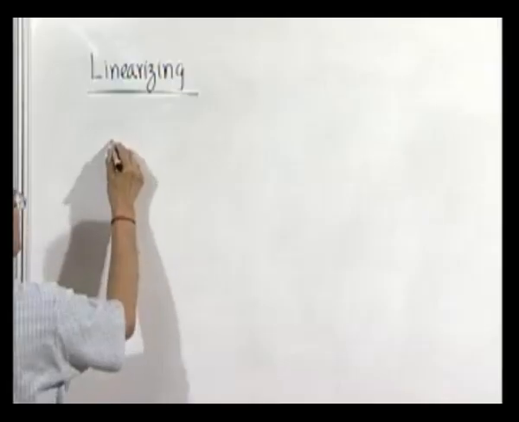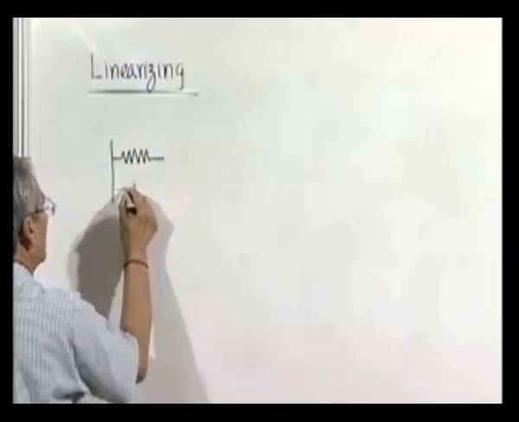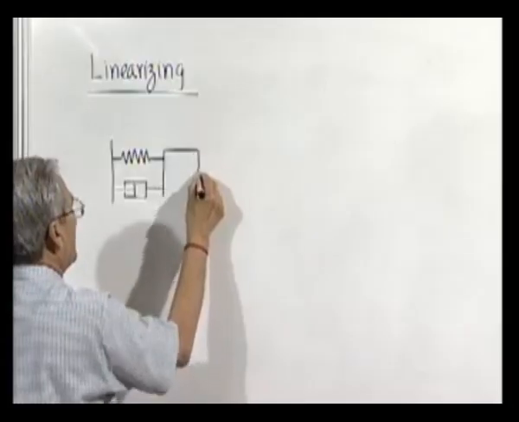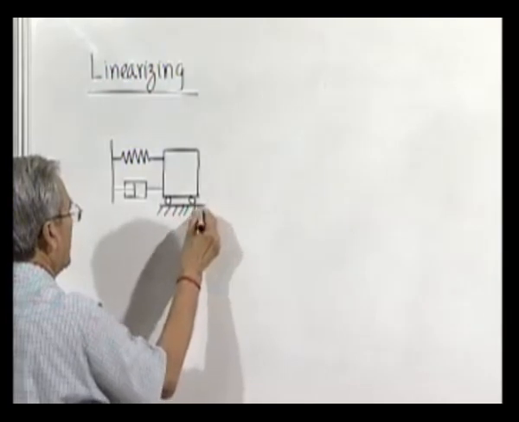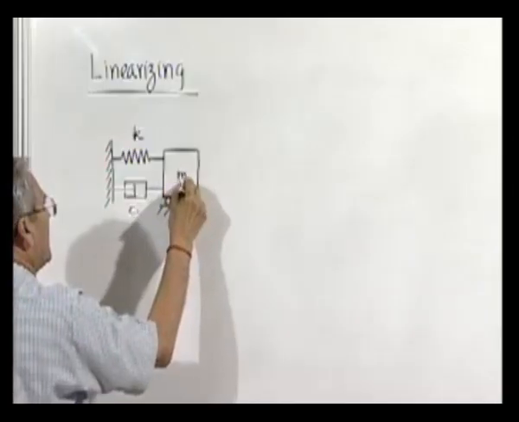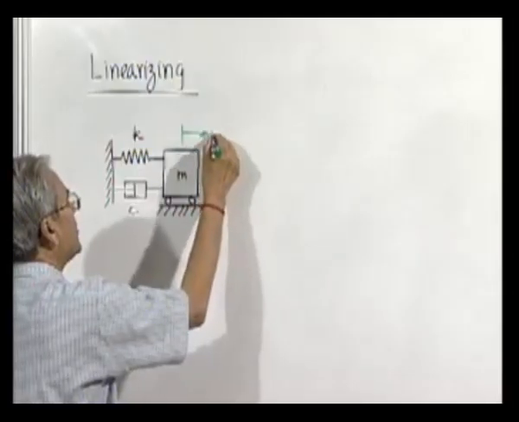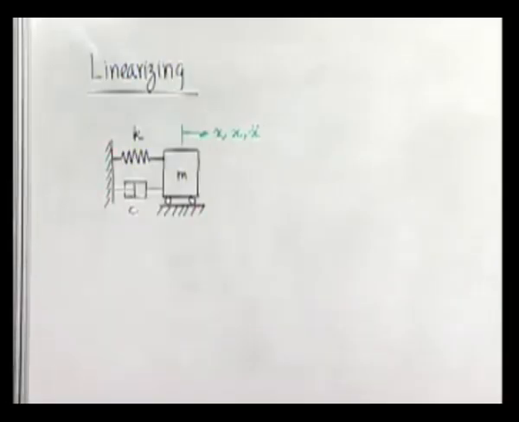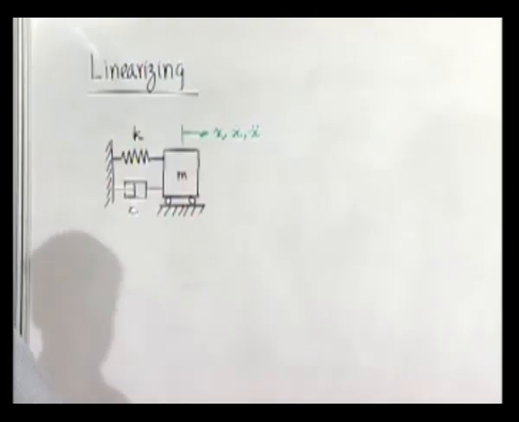if we take the case of a simple spring mass system, its equilibrium position is this, and its displacement coordinate, velocity and acceleration are x, x dot and x double dot. Now, when the system moves, there will be 3 forces involved, as you will see.